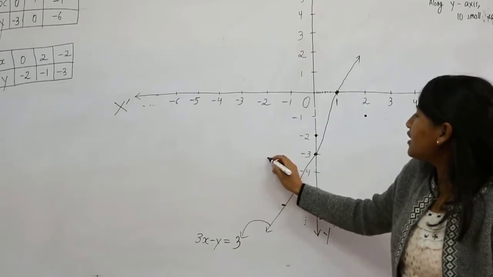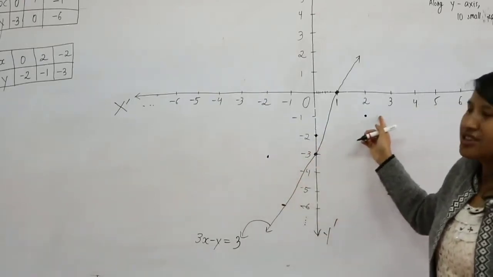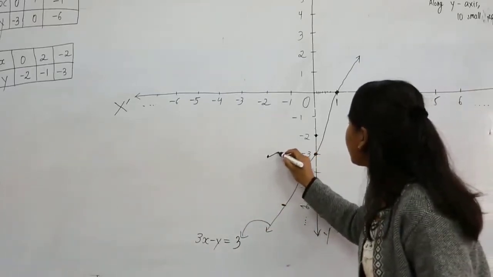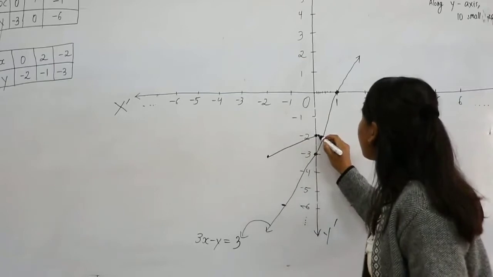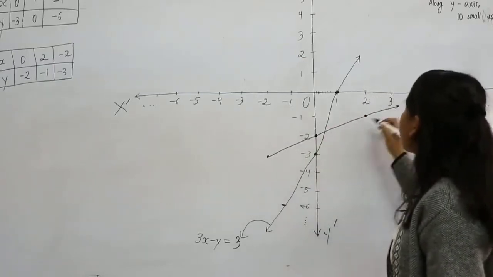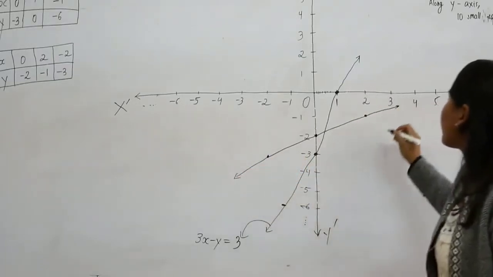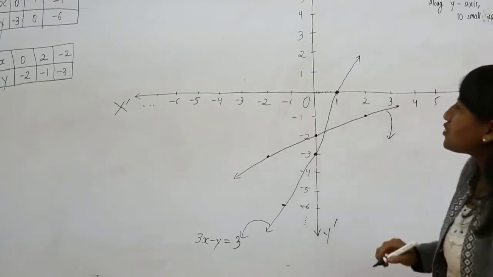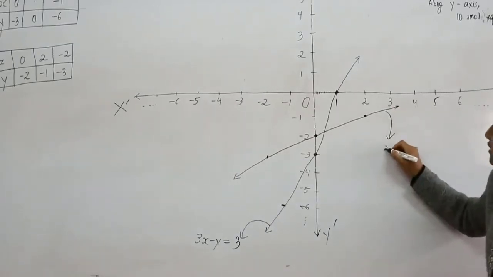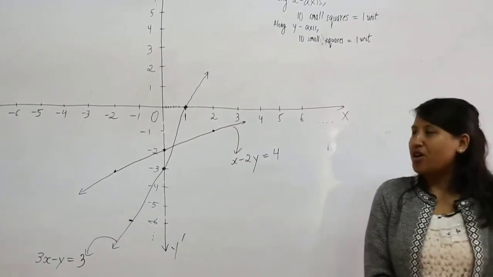So you see, you get a straight line. So you join this. Remember, this represents the equation x minus 2y equal to 2.